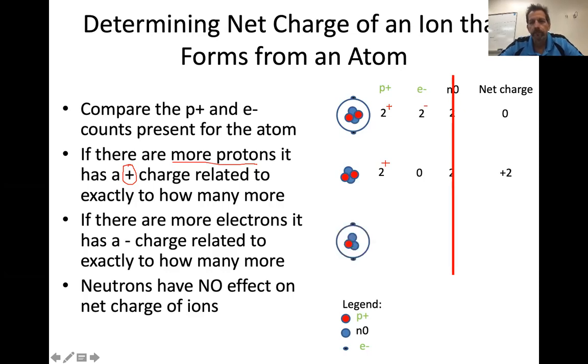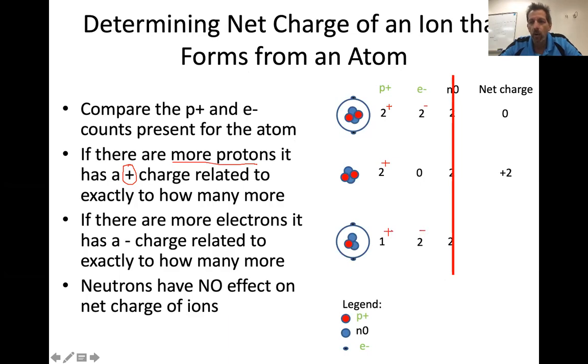One final model. Let's interpret what the model tells us. 1 proton, 2 electrons, 2 neutrons. Remember, electrons are on the rings here. There's 2 of them. We don't care about the neutrons. So now we are thinking about the case that there's 1 positive, but 2 negative.